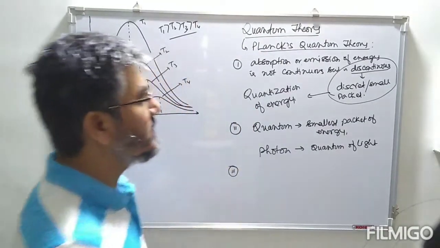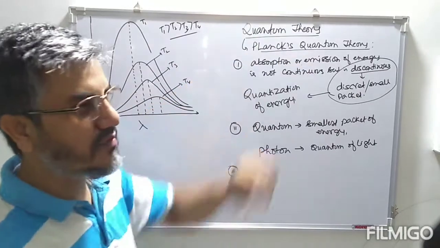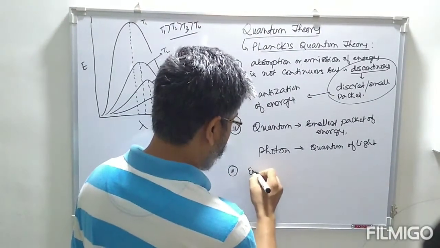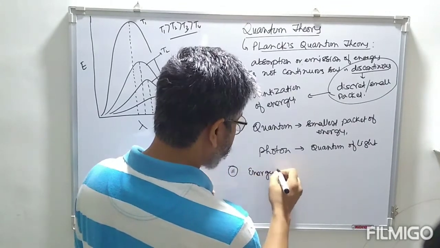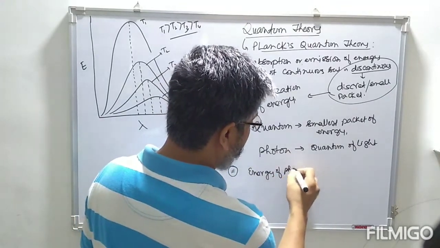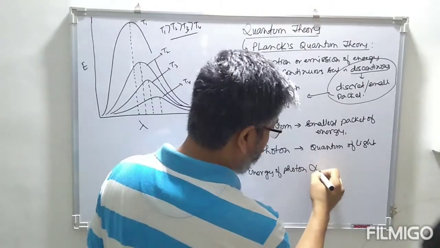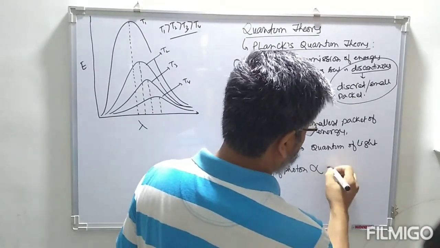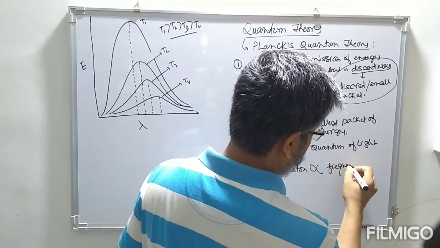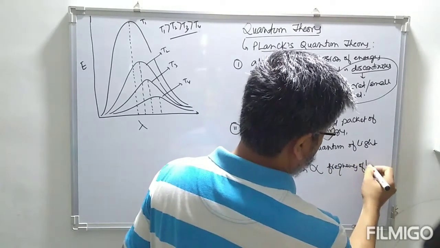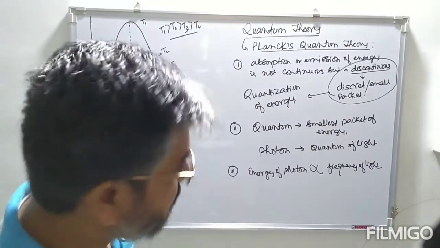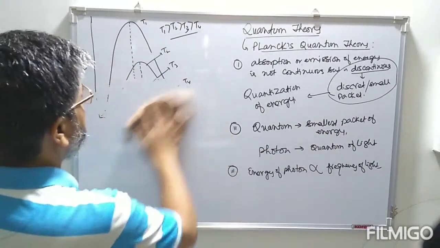The third postulate of Planck's quantum theory says the energy of a photon is directly proportional to the frequency of light. Energy of a photon is directly proportional to the frequency of light.